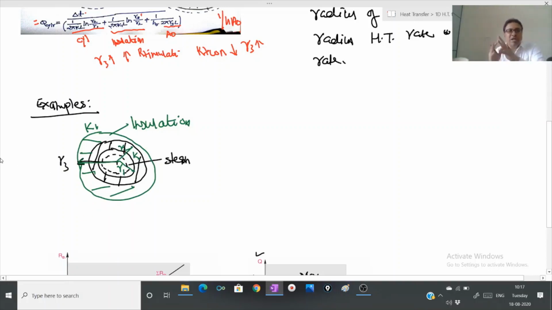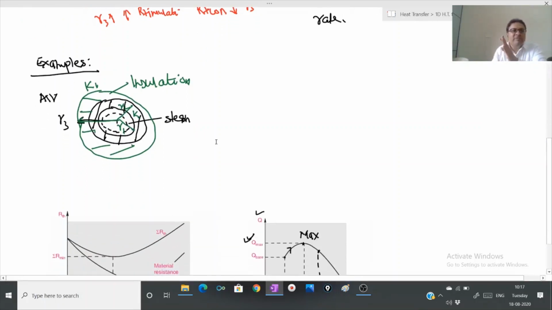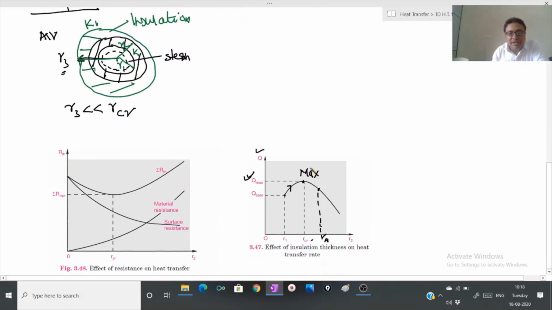Now, what is my purpose? I don't want any heat to be transferred from the steam to the outer environment, which happens to be air. So I want the heat transfer rate to be as minimum as possible, almost zero. So what will be this R3 now? R3 will be more than R critical. That is, the radius of insulation must fall in this zone.